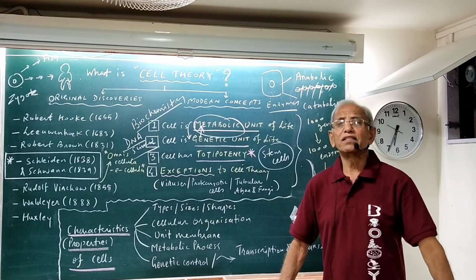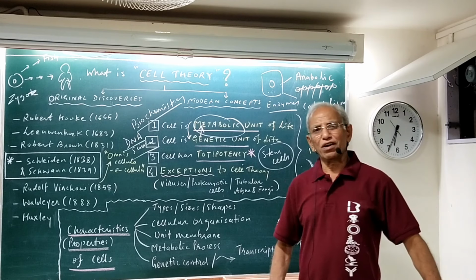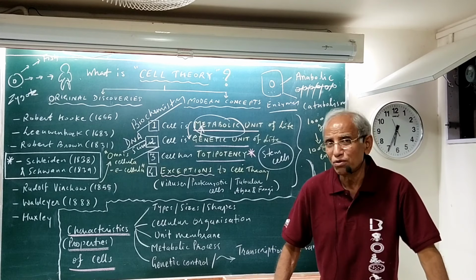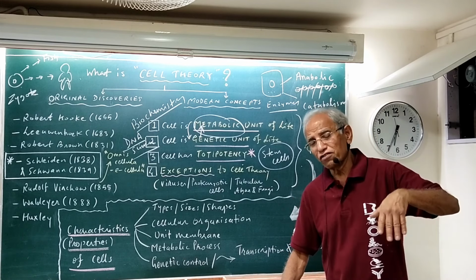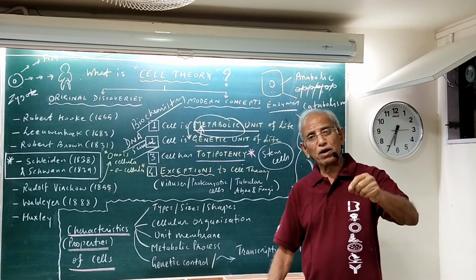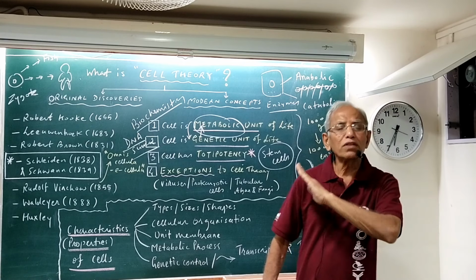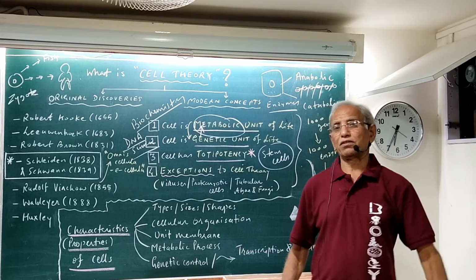A great example is that of the bone marrow. Bone marrow is a very active tissue, because in the soft, spongy part of the bone, red bone marrow is there, and there are a lot of stem cells, and from those stem cells all the different types of blood cells are being produced.